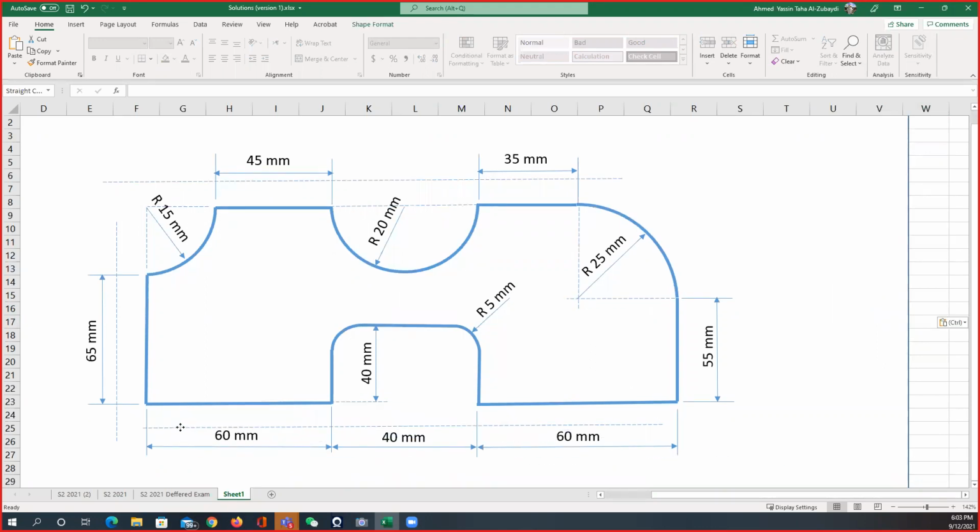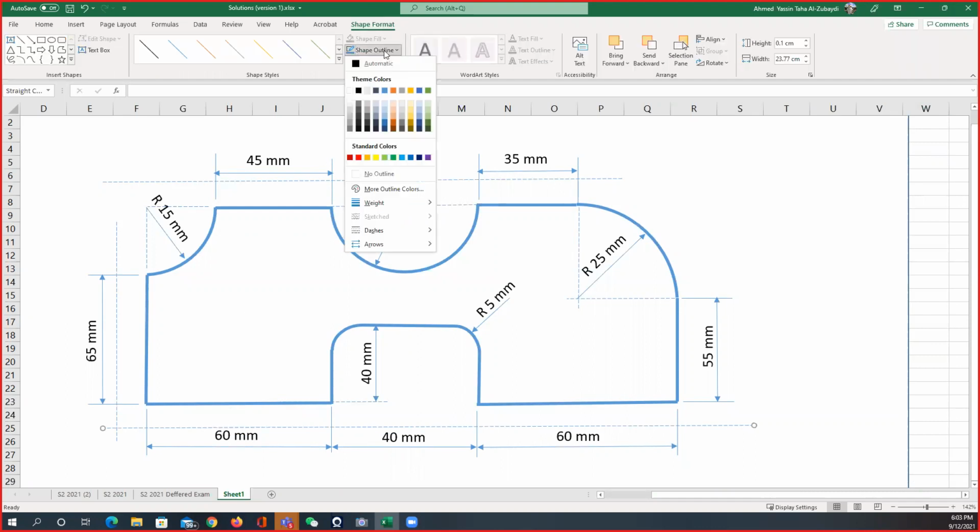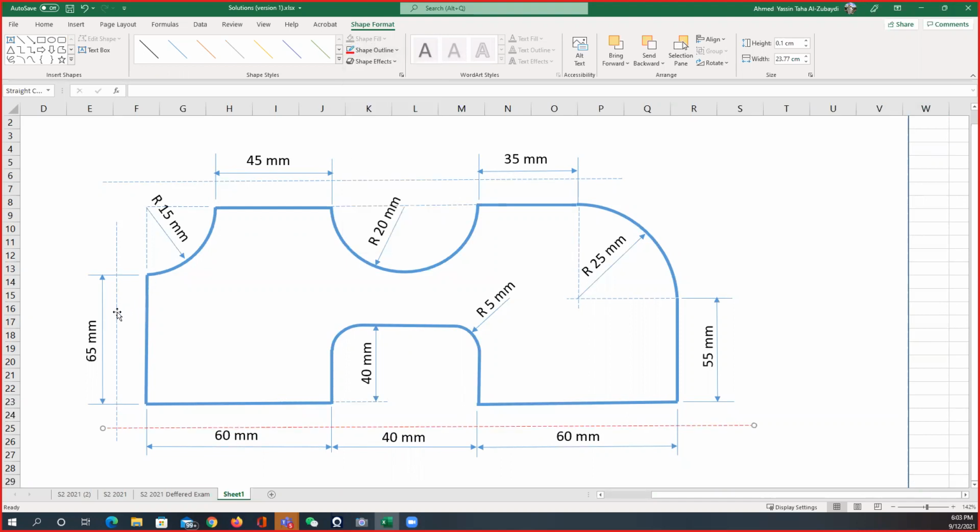Okay, I'll try to change the color to maybe black so you can distinguish the color. Okay, I will change the color of that to red. I know you may not like the red, but it's going to be more clear than the one we have.